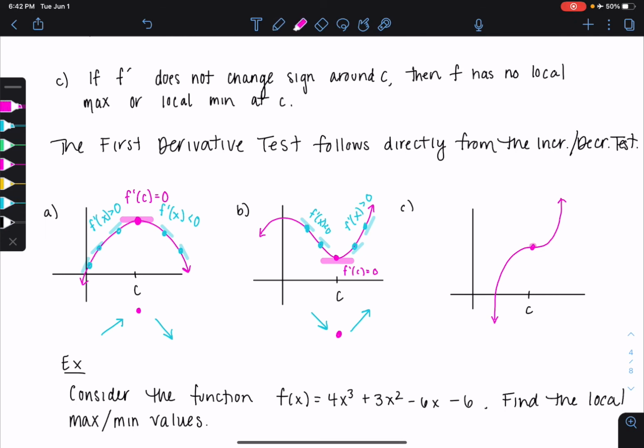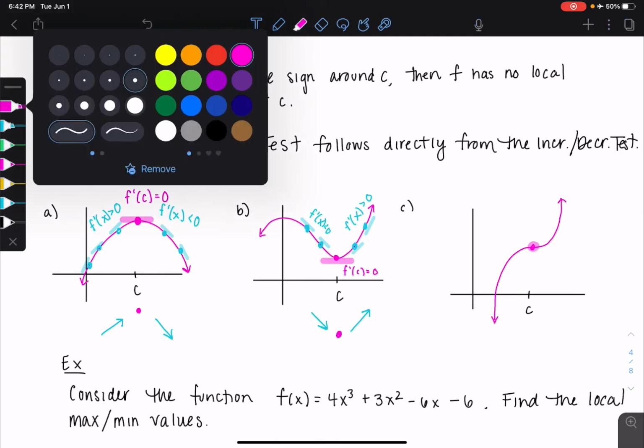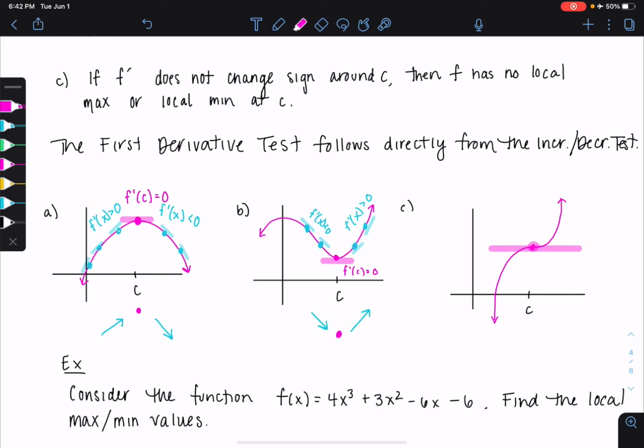Now this last one, there's no local max or min here because on either side it's getting bigger or smaller. It's not creating that shape of a max or min. But if we look exactly at c, you do have a flat tangent line. So the derivative evaluated at c does indeed equal 0, and it's a critical number. The problem is if I pick any point over here, the tangent line is positive. And if I pick any point over here, same thing.